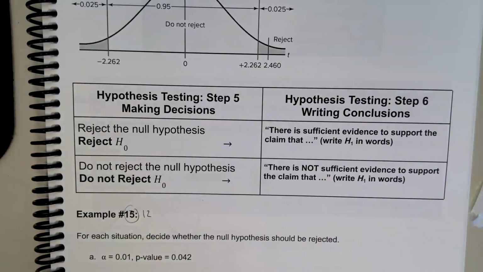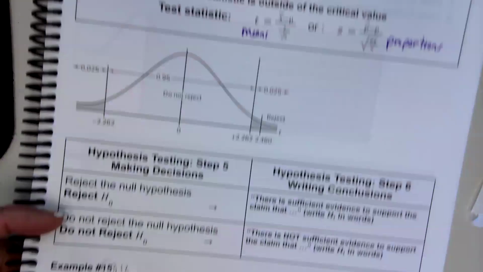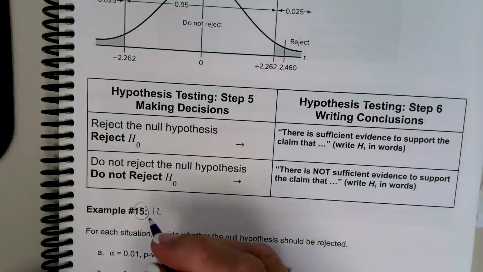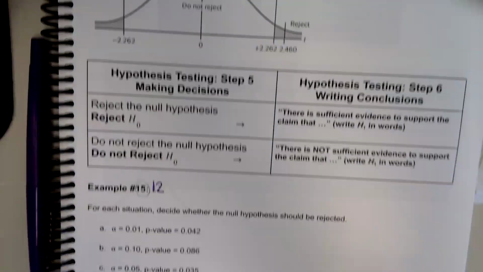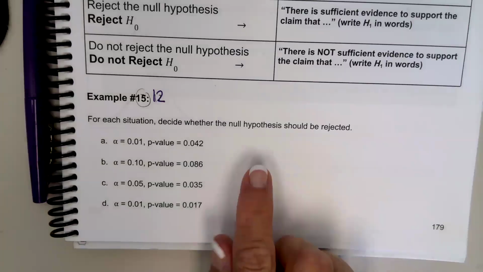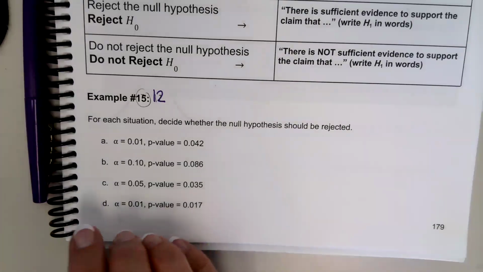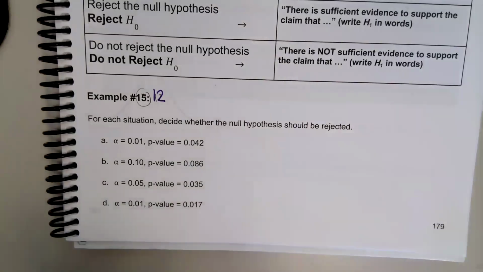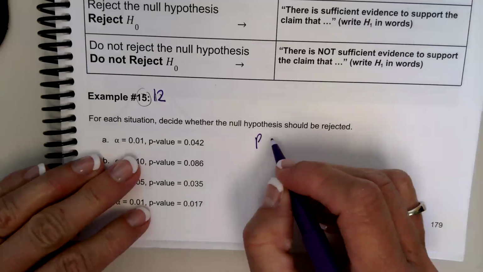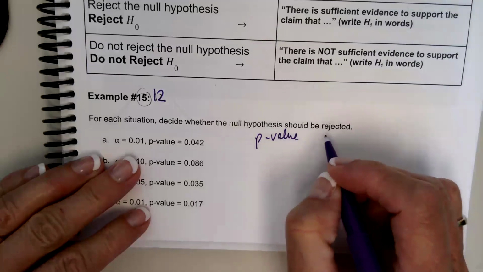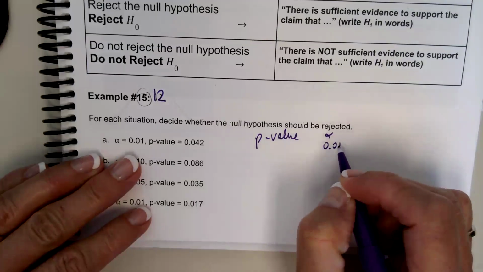So let's look at our last example, example 12. For each situation, decide whether the null hypothesis should be rejected. We said if the p-value is less than alpha, we reject. In this case, the p-value is 0.042 and alpha is 0.01.